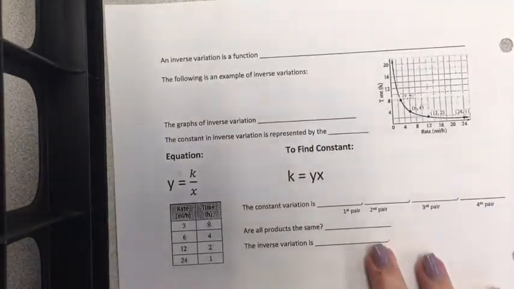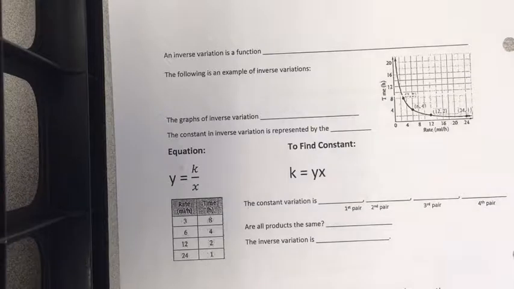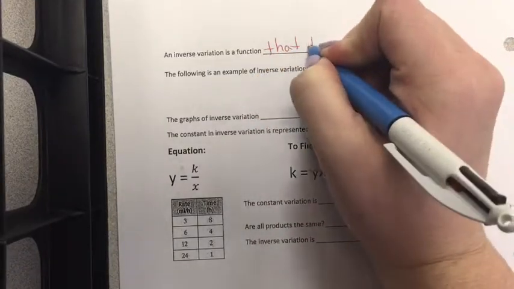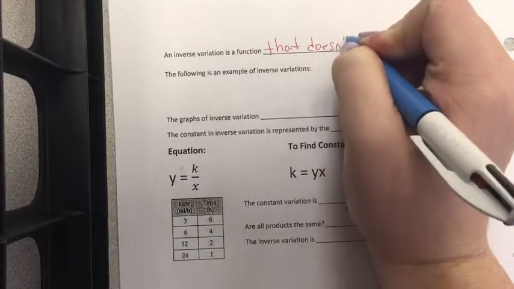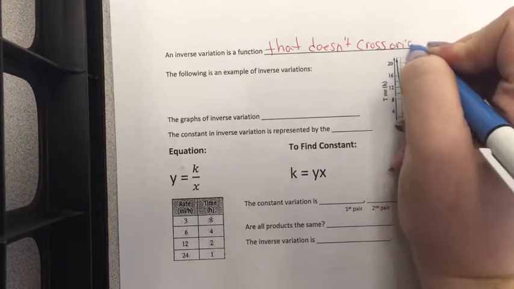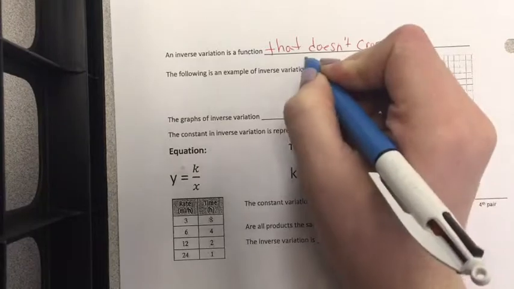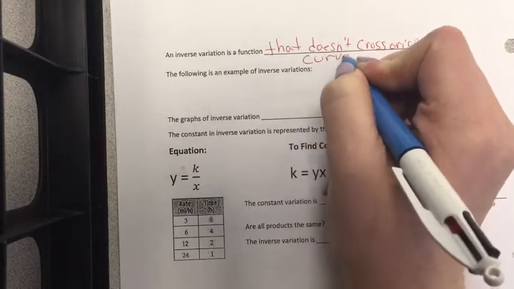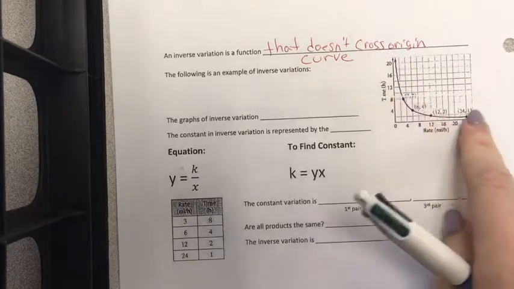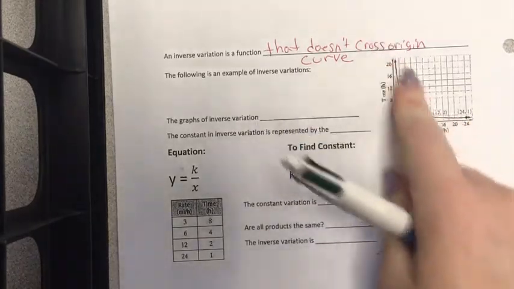All right, so now we move on to inverse variations. Inverse variations do not cross the origin. And it's a curve instead of a line. So the following is an example of an inverse variation because it's a curve.